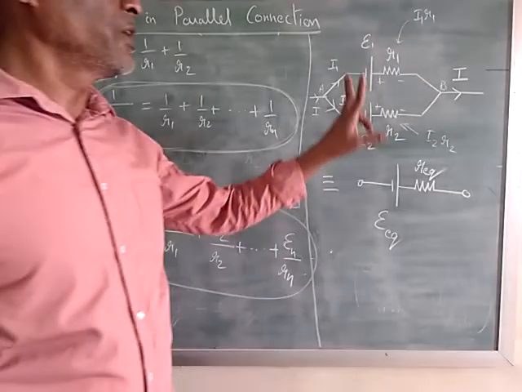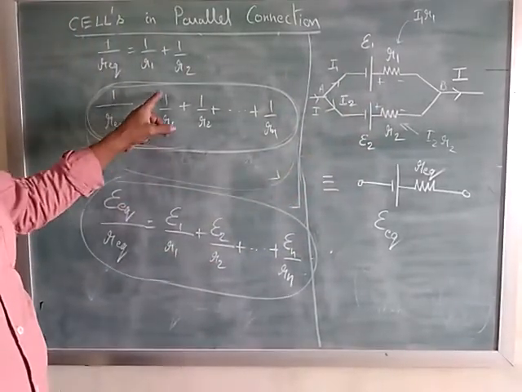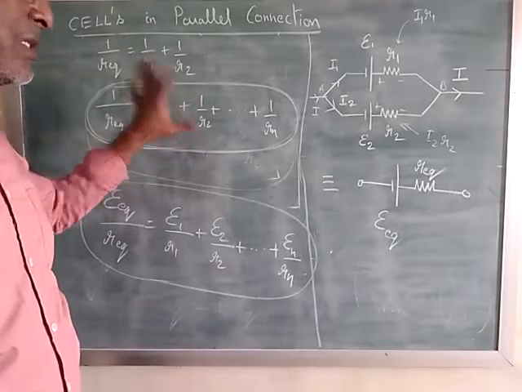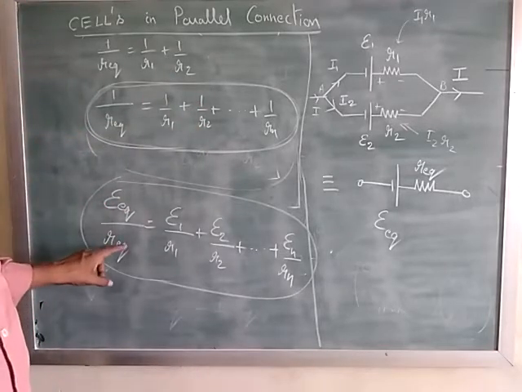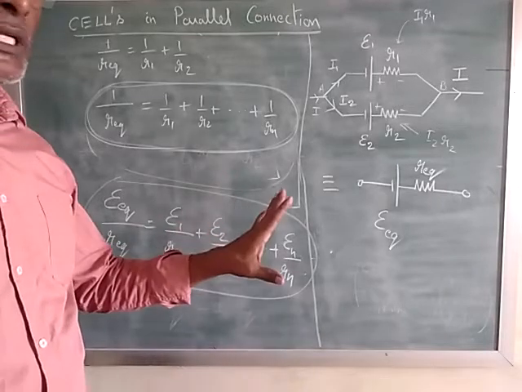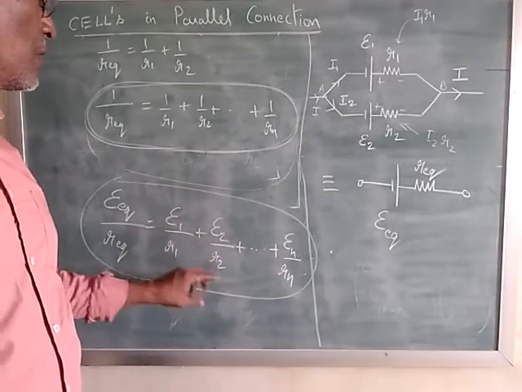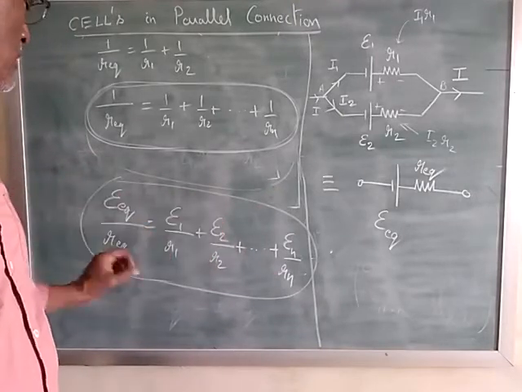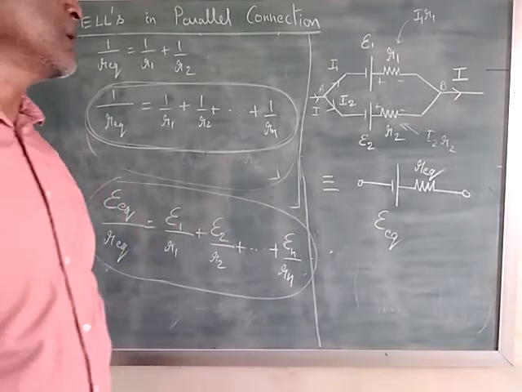Suppose if you have only two sources alone, then 1 by R equivalent is equal to 1 by R1 plus 1 by R2. That's all. And E equivalent by R equivalent is equal to E1 by R1 plus E2 by R2. That's all. That means first find out E1 by R1 plus E2 by R2. After doing that, multiply with R equivalent, that will give you E equivalent.